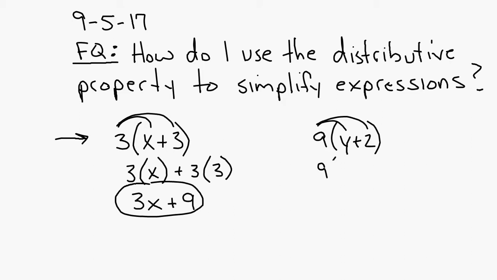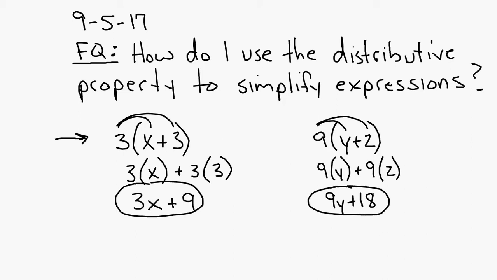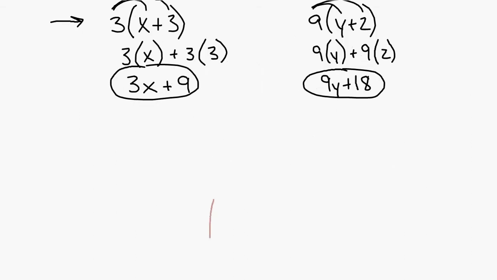So you've got 9 times y plus 9 times 2. So that's 9y plus 18. Got it? Yeah.